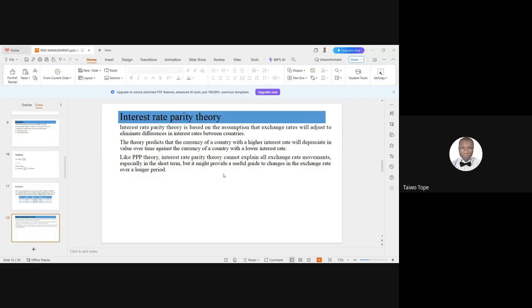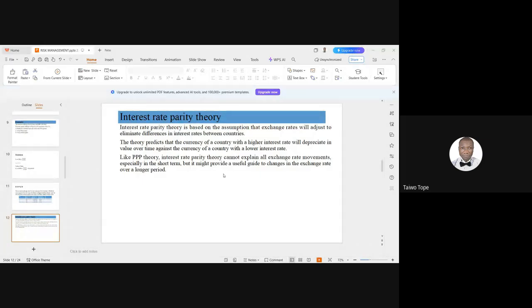Interest rate parity. This situation will result in the fact that any gain from a favorable rate of interest in one currency is likely to be lost in an adverse movement in exchange rate.